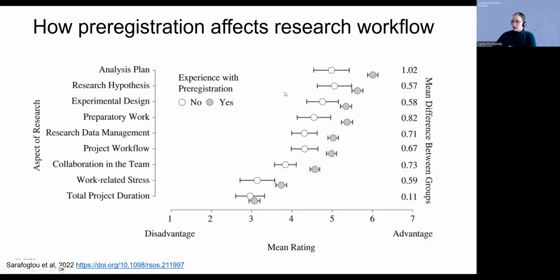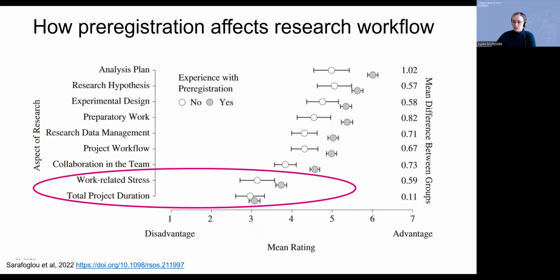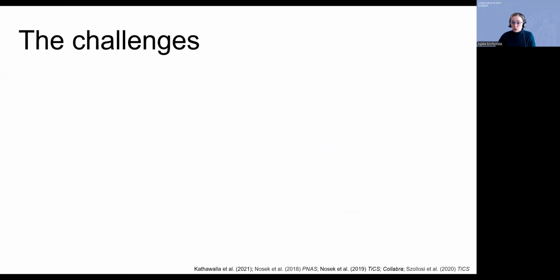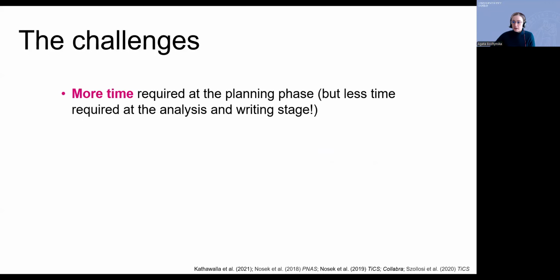So mostly pre-registration is benefiting them in most of these different elements in the research process. But then the work-related stress and total project duration are those two components that move closer towards the disadvantage. And this is what brings us to the challenges that you were also all mentioning to some extent, right?